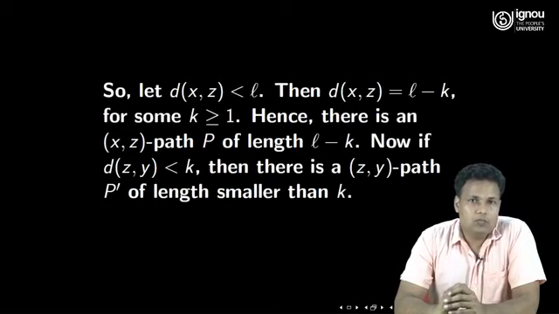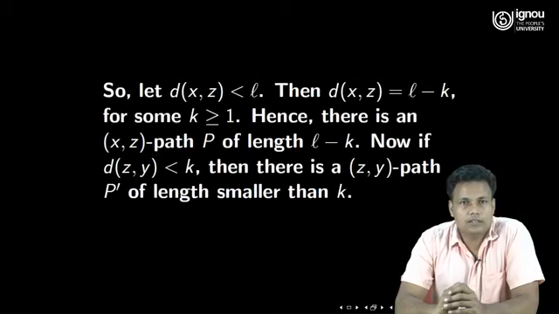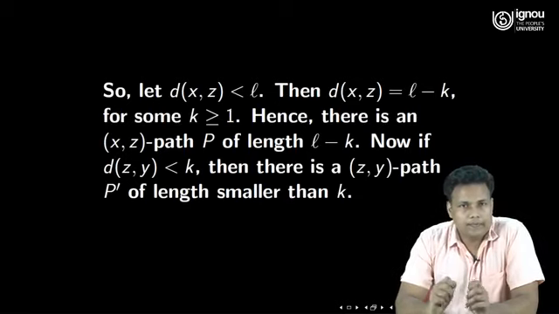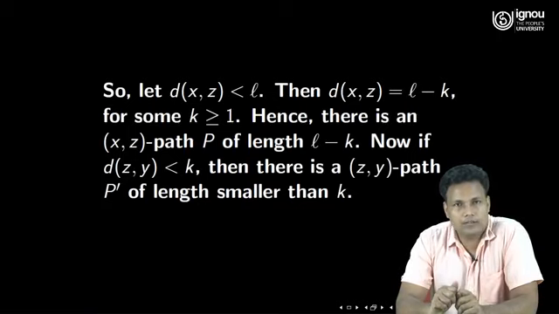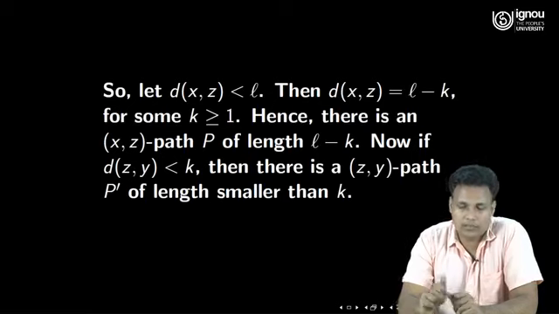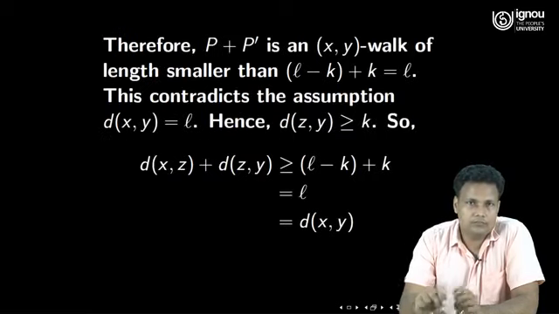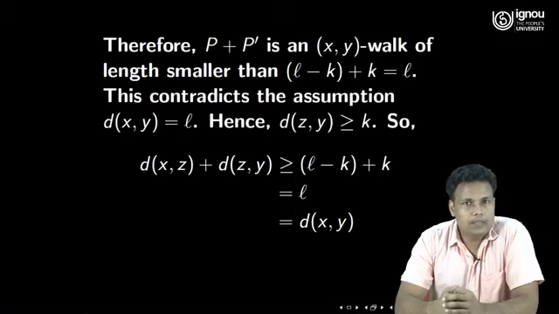This means that the walk p plus p dash, the walk obtained by joining the path p and p dash, is a walk from x to z and from z to y. So this is an xy walk, right. P plus p dash is an xy walk and its length is smaller than L minus k plus k, because the length of p is L minus k and the length of p dash we have taken less than k.